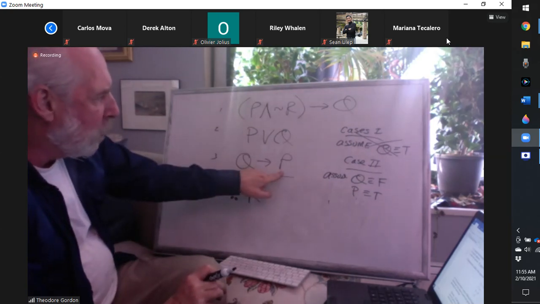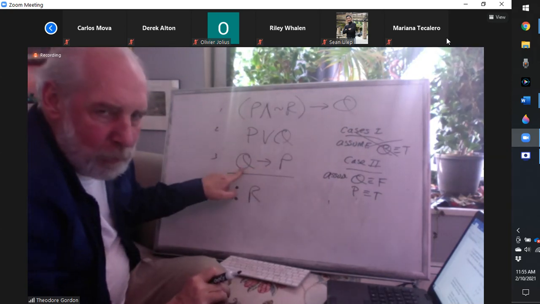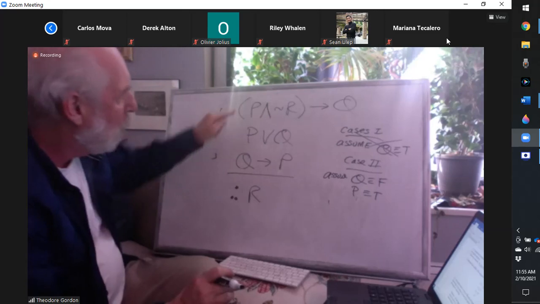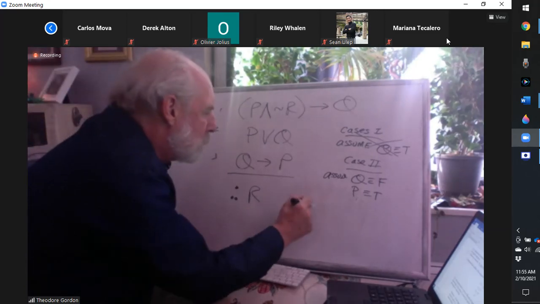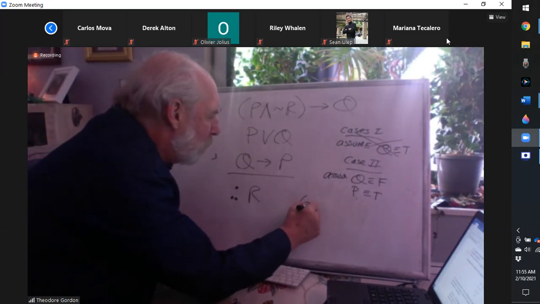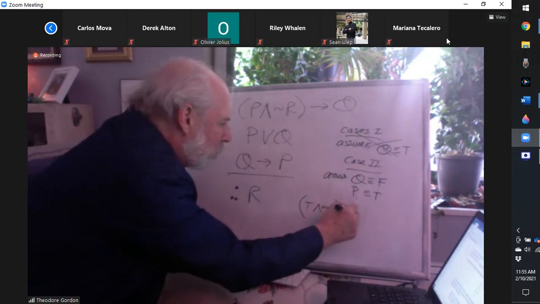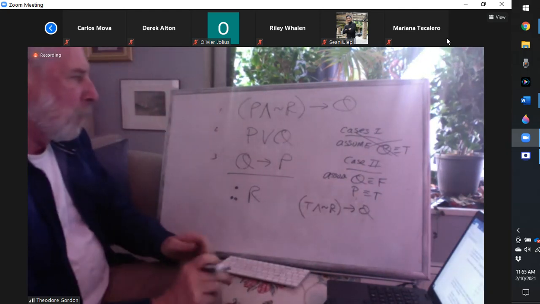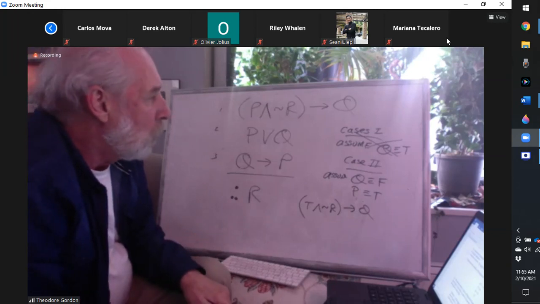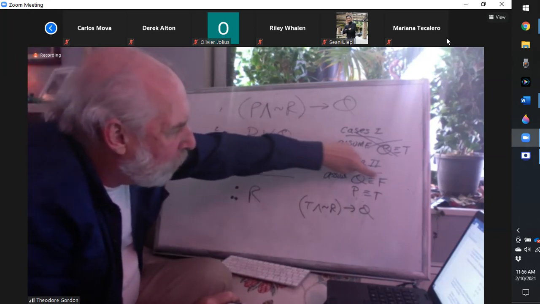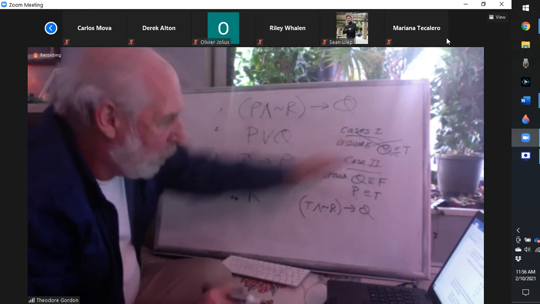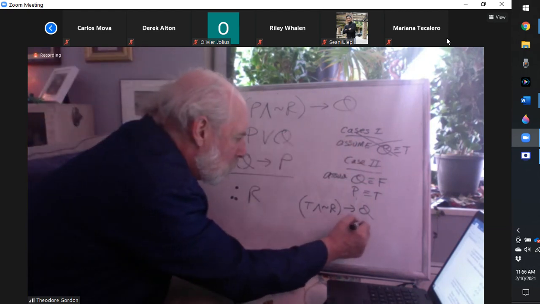If P is true, that still doesn't tell me anything about Q. Going up to premise 1, we now have true and not R, therefore Q. We know that Q is false, right?